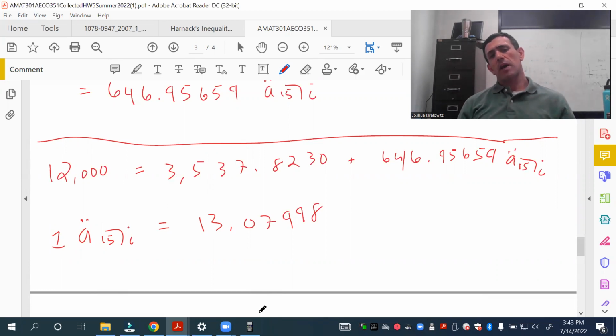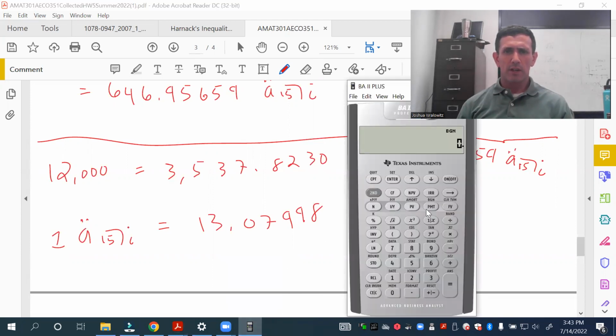So to get these payments of 1, I have to pay $13.08, or for the loan company to get $13.08, they have to shell out $1 every beginning of every year for 15 years. Either way, someone's got to pay to get something. So I'll make the present value negative.